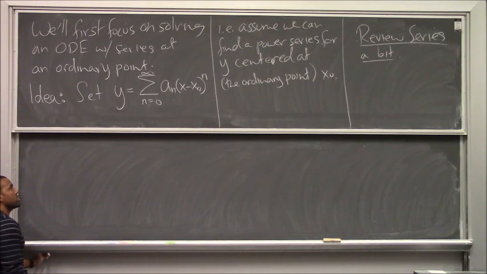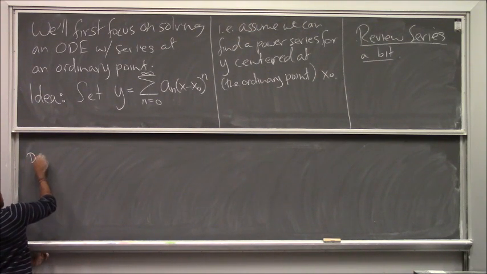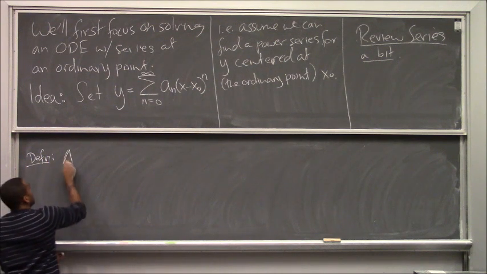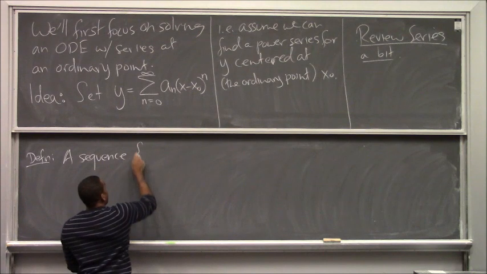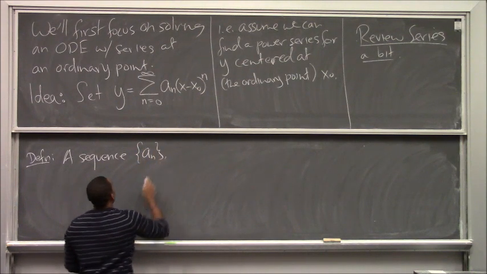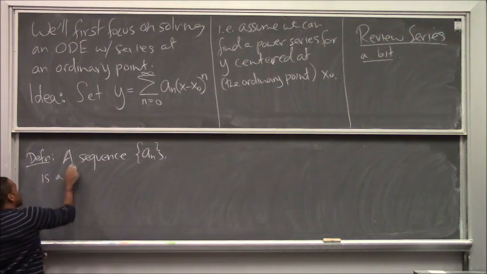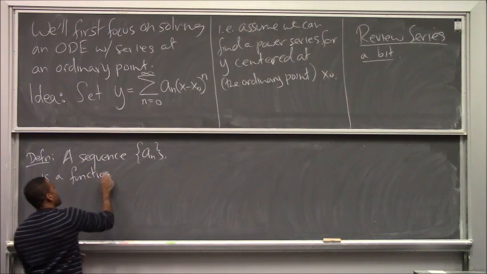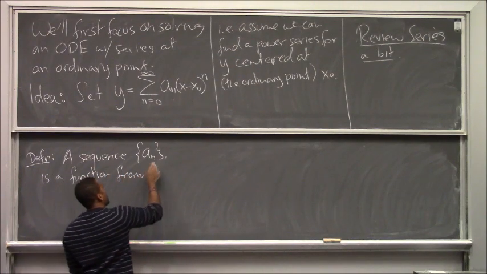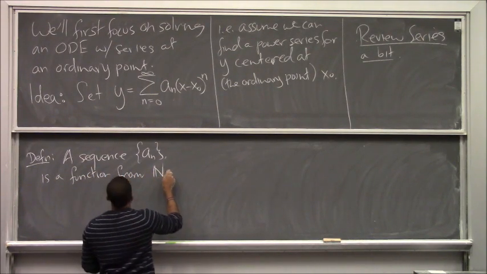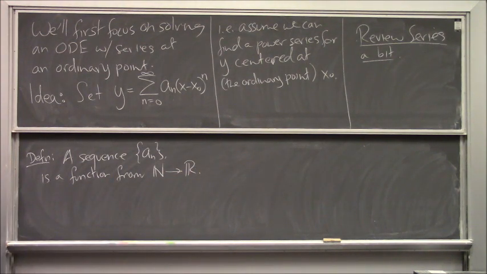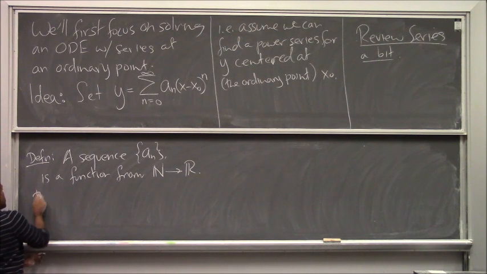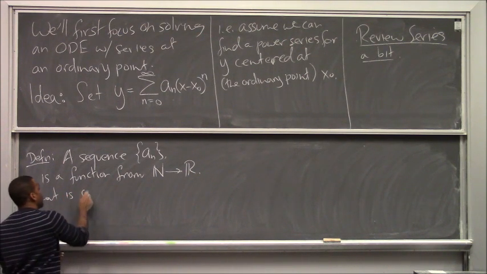Okay, but what is a series? First of all, a sequence, which we might call a_n, is a function from the natural numbers to R, let's say, since we're looking for real numbers.